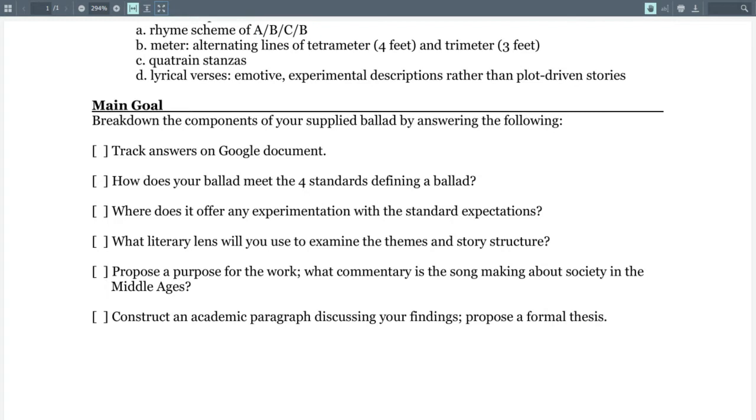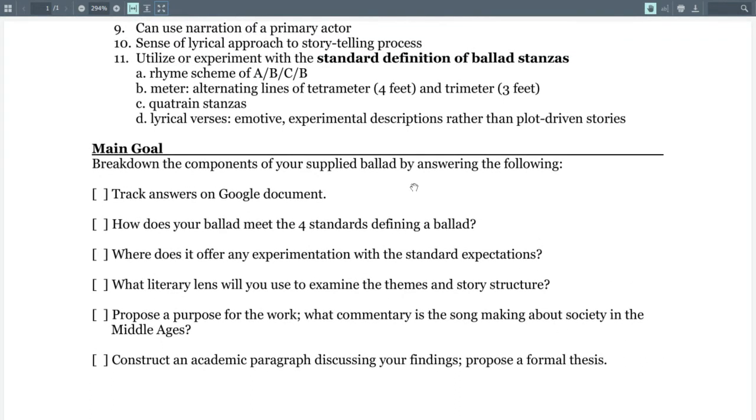Now, you will be creating a Google document for this project. You have a whole week to write the essay. You want to look at the ballad and see how these 4 qualities help define the ballad that you've chosen.